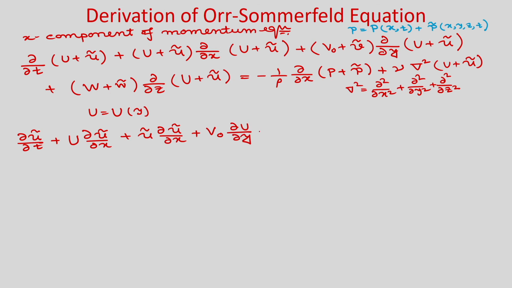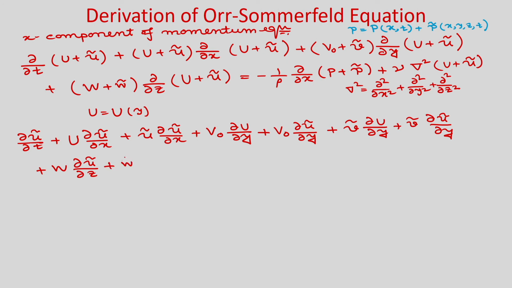So, we have to write ∂u/∂y plus v naught ∂ũ/∂y plus ṽ ∂u/∂y plus ṽ ∂ũ/∂y plus w ∂ũ/∂z plus w̃ ∂ũ/∂z is equal to minus 1 by rho ∂p/∂x plus minus 1 by rho ∂p̃/∂x, and we will get plus nu.